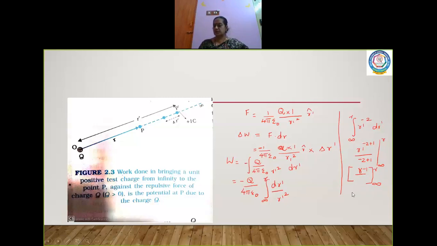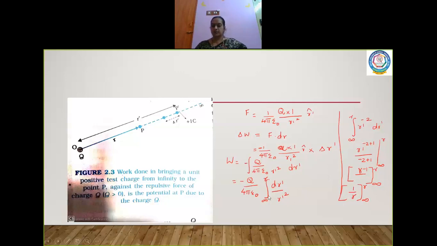When I substitute the limit, upper limit minus lower limit, in the place of r I substitute the same R here. So it is 1 by R minus 1 by infinity. 1 by infinity is 0. So I have this term alone, which gets added to this.